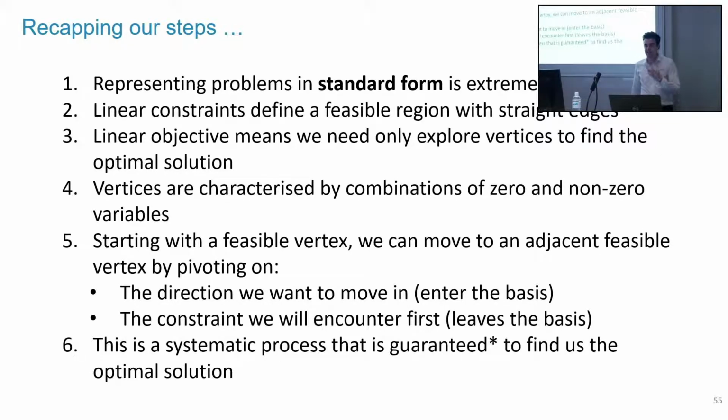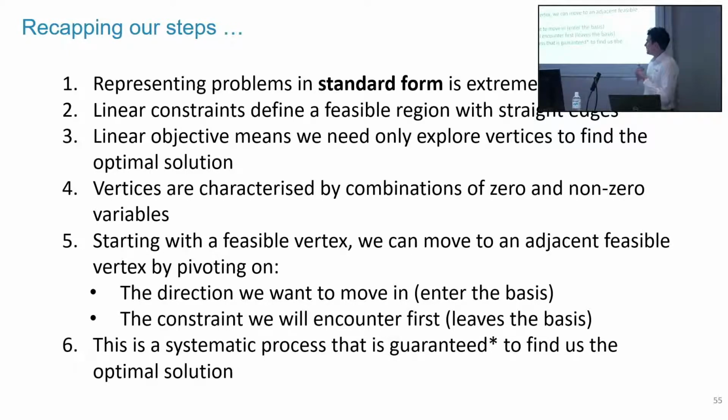The vertices in the problem are characterized by combinations of zero and non-zero variables. That's a crucial point. That's the basis, the idea of a basis, the idea of variables being basic and non-basic. The idea behind that is you can completely describe a vertex using that really simple approach.